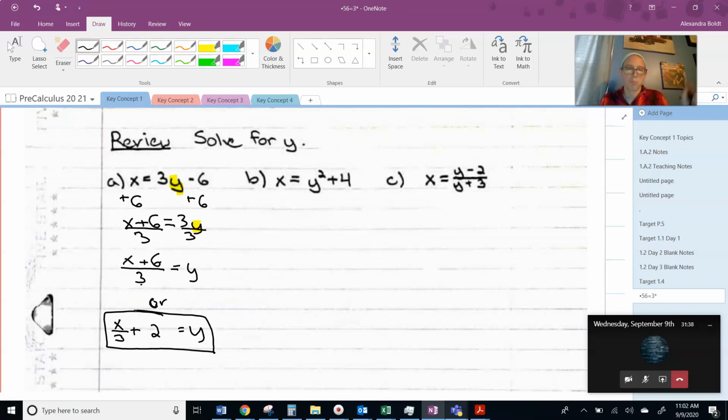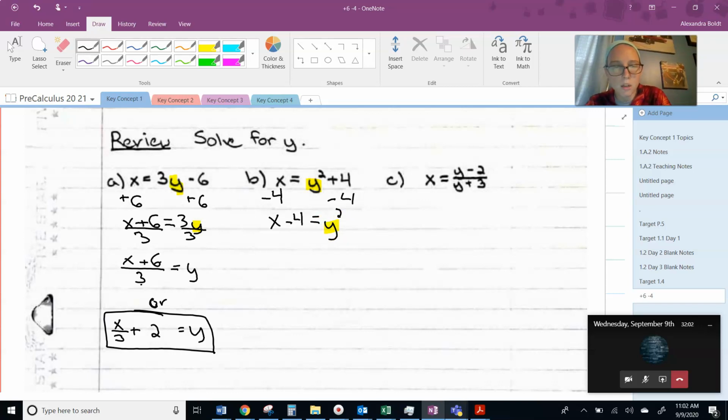Let's look at B. I'm solving for y, so I'm first going to start by subtracting 4. So I have x minus 4 equals y squared. Still solving for y, and right now I have that squared.